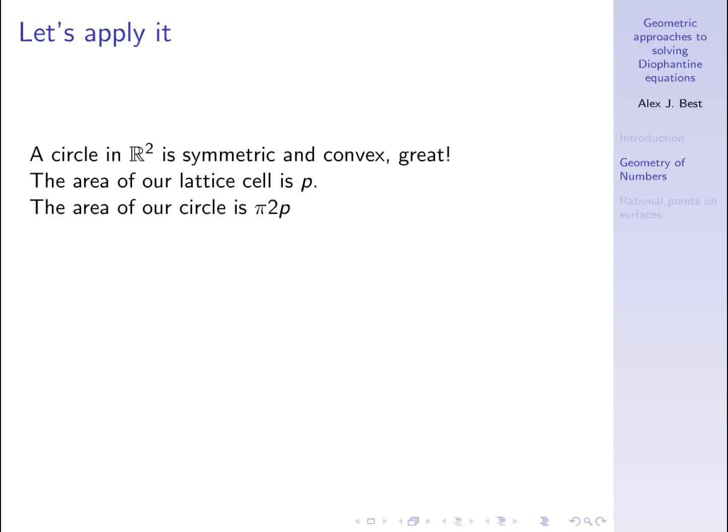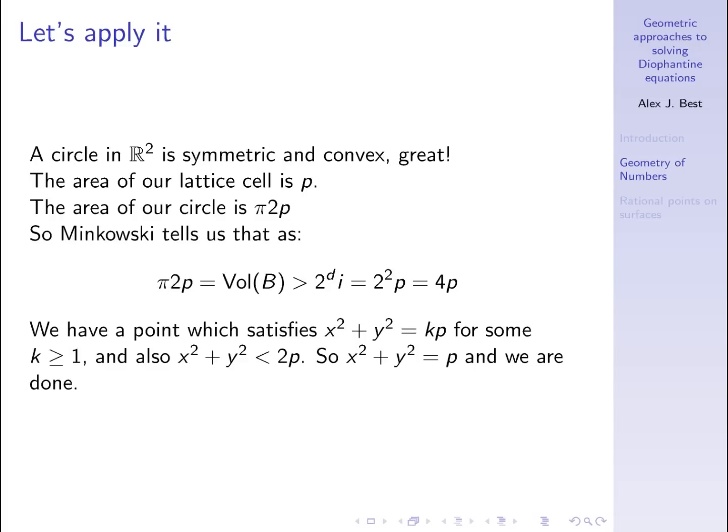Okay, so let's see what Minkowski tells us. So Minkowski tells us that the volume of the body, which is pi 2p, is in fact greater than 2 to the d times I, which in our case is 2 to the 2 times p, which is 4p. So this equation actually just reduces to pi is bigger than 2.